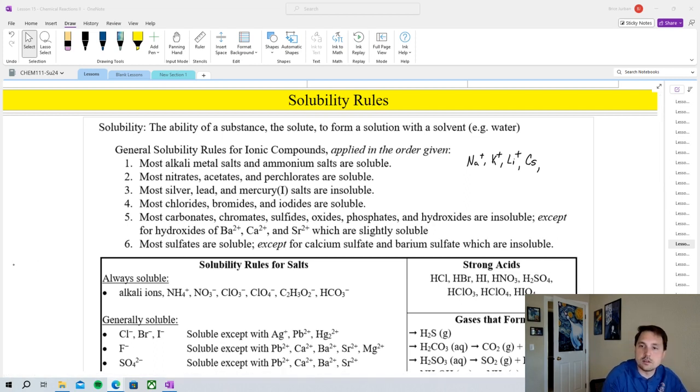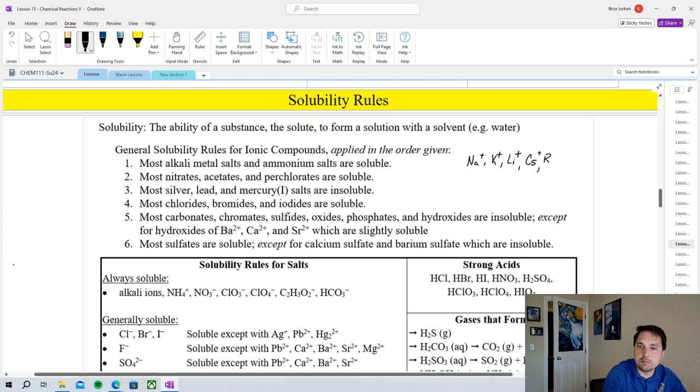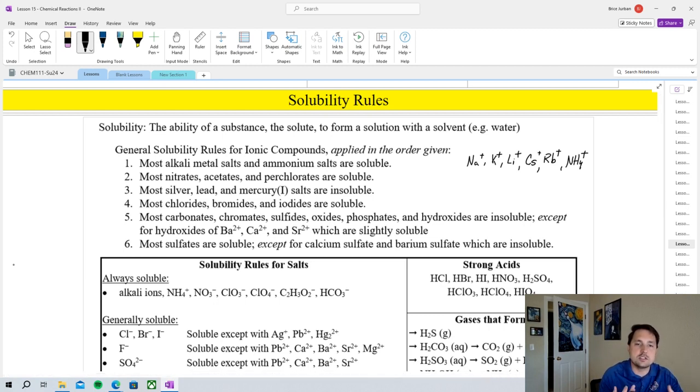Rubidium. Although I'm not sure rubidium would be stable, but it could be. Or an ammonium salt, NH4+. So if we see any of those ions in an ionic compound, we're going to automatically assume that this is a soluble salt. Soluble enough that if I were to put a favorable amount of salt in water, it would dissolve.